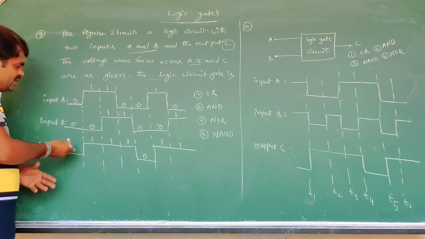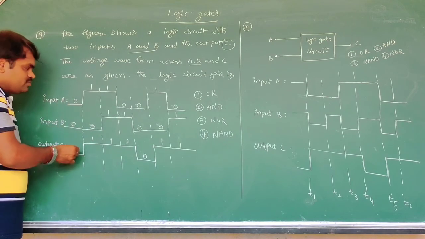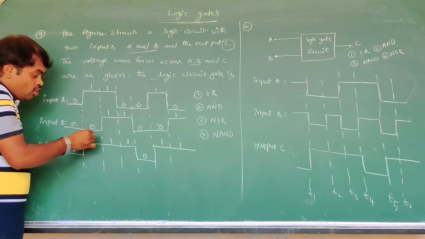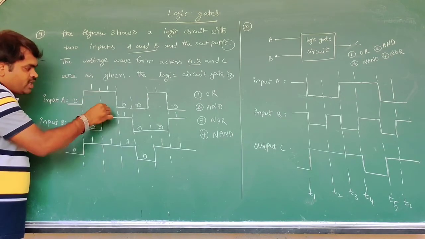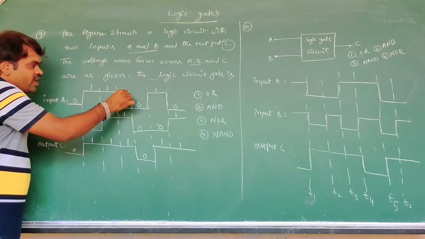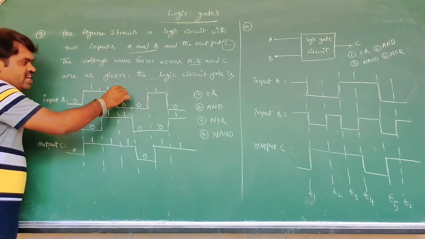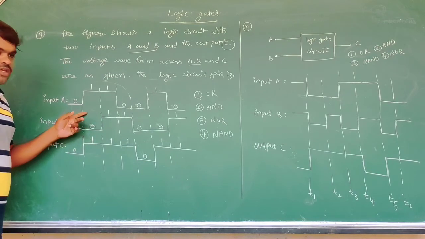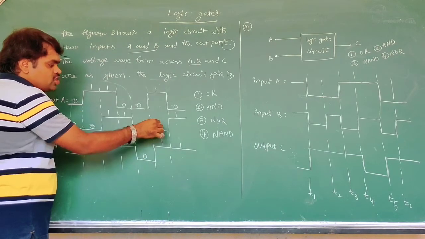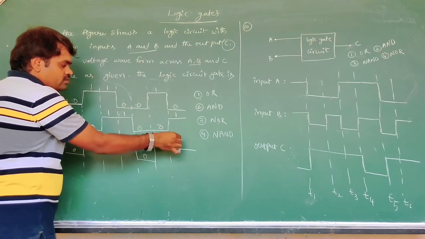We know clearly: 0 plus 0 is 0, 1 plus 0 is 1, 1 plus 1 is 1, 0 plus 1 is 1. These are represented by the OR gate. See, 0 plus 0 is 0, 1 plus 0 is 1, 0 plus 1 is 1.